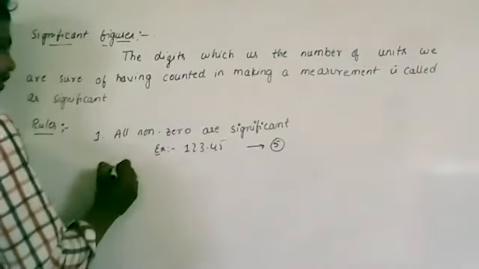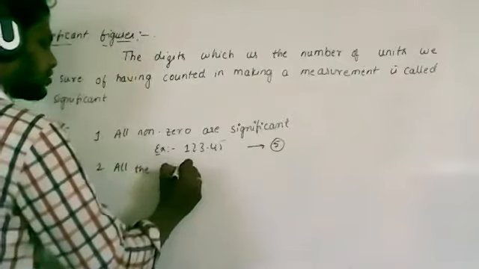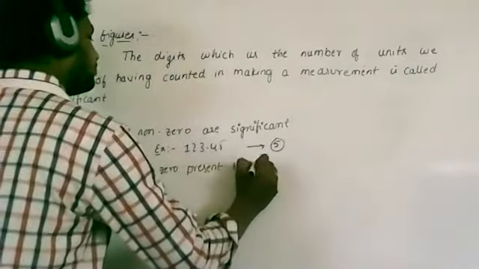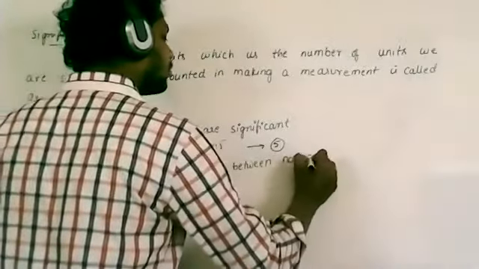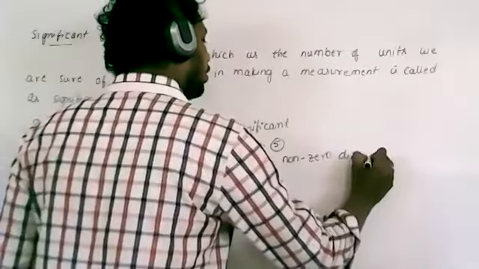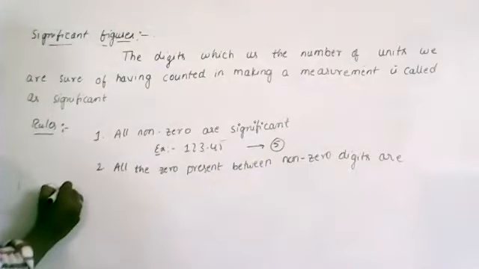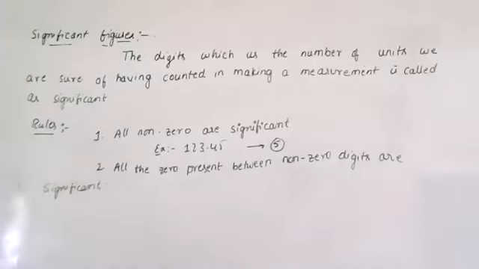Now the next point: all the zeros present between non-zero digits are significant. So all the zeros present between two non-zeros are always significant.